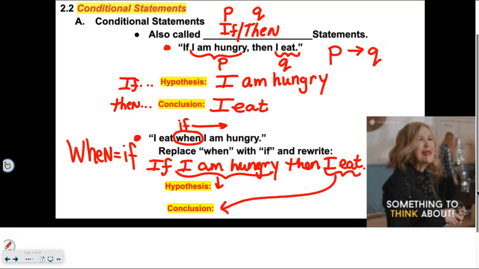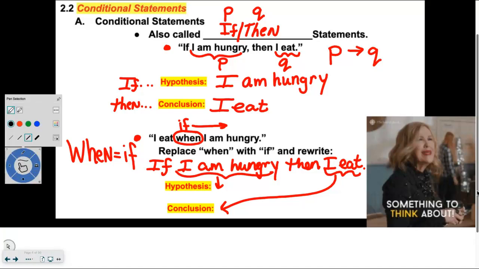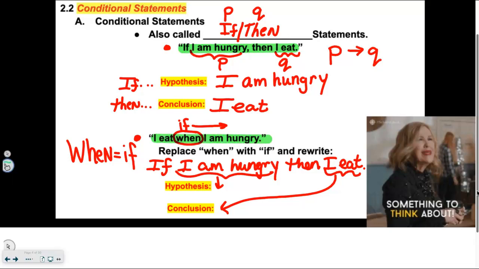So both of those statements, again, I'm going to grab my highlighter here. So both of the statements in green are exactly the same conditional statements. They have the same hypothesis and the same conclusion.